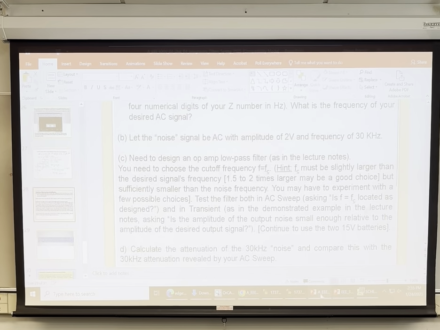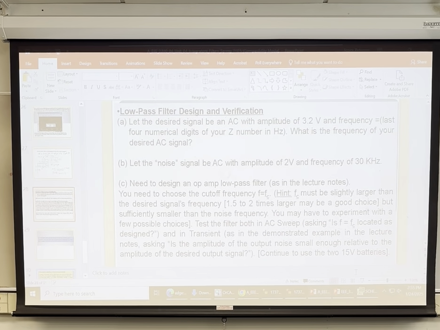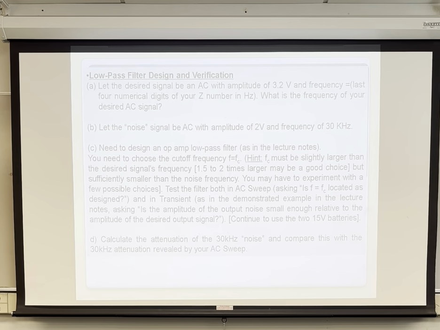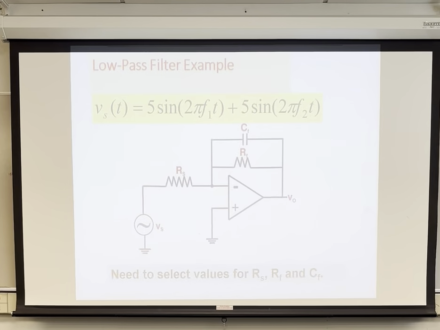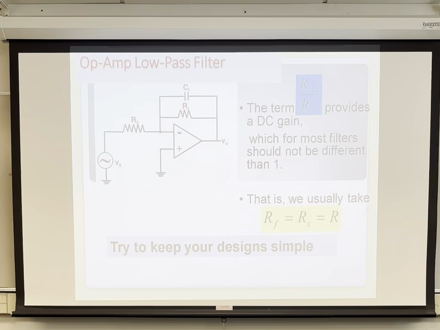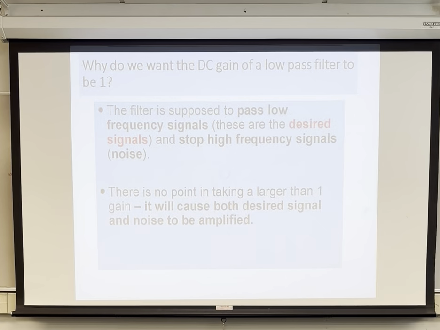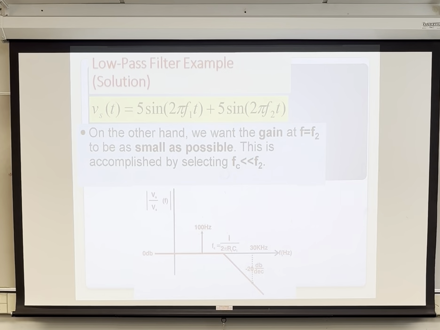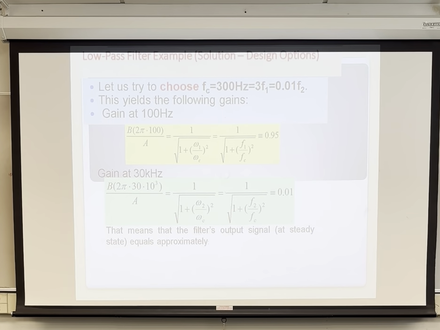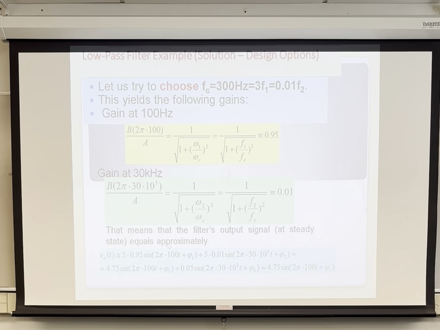And an example that we went over here: this was the calculation for this filter, and when you get to 30 kilohertz, it's going to be minus 40 dB. So this is the second part of the homework assignment.